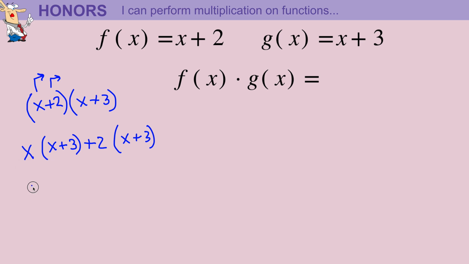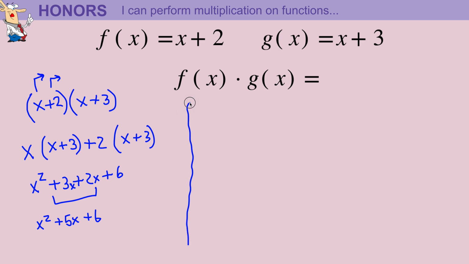So we go x times x is x squared. x times 3 is 3x. 2 times x is 2x. And 2 times 3 is 6. Combine like terms, we get x squared plus 5x plus 6.